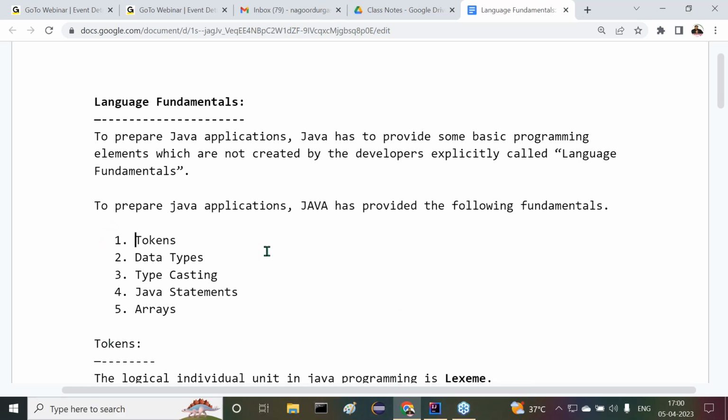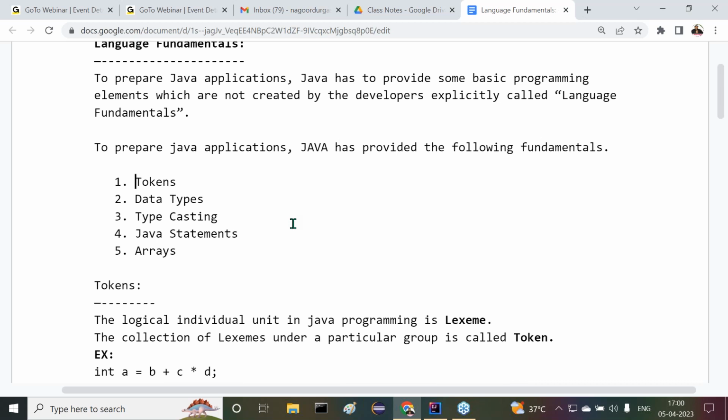Nearly 5 fundamental units are provided by Java. First one is tokens, next data types, next typecasting, next Java statements, and the last one is arrays. These are the fundamental units we have to prepare our Java applications.